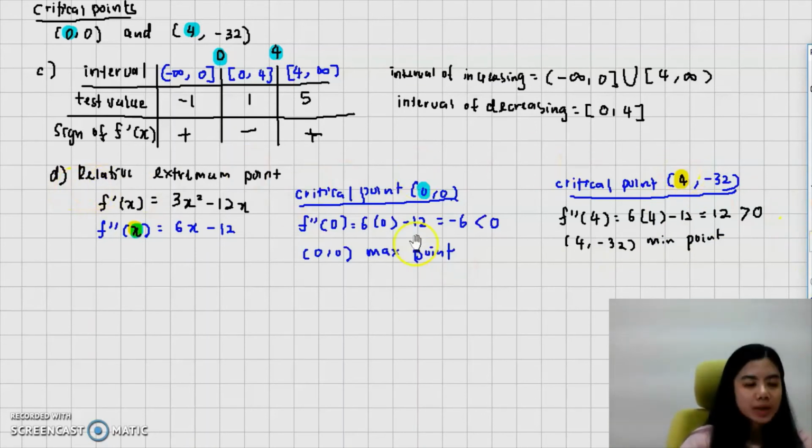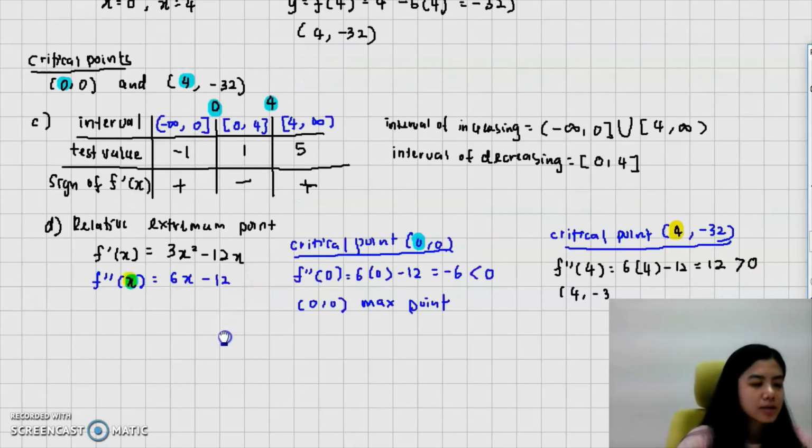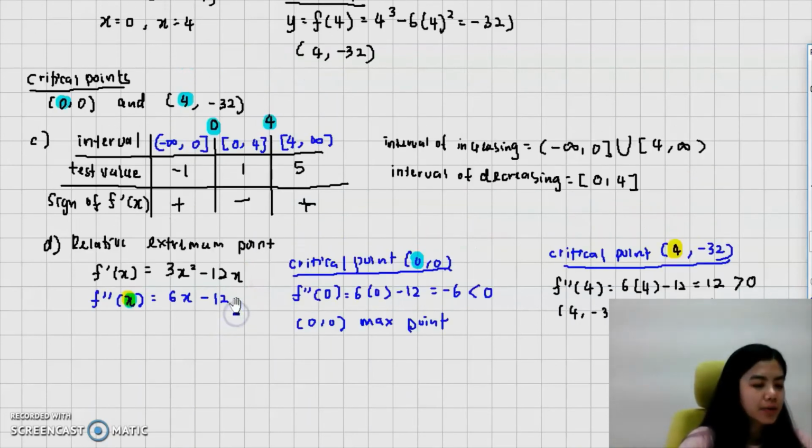The last part of this question asks you to sketch the graph. If they ask you to sketch the graph, there are a few things that you need to know. The first thing that you should have is the x-intercept and the y-intercept.